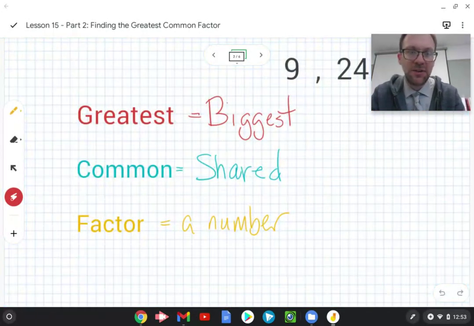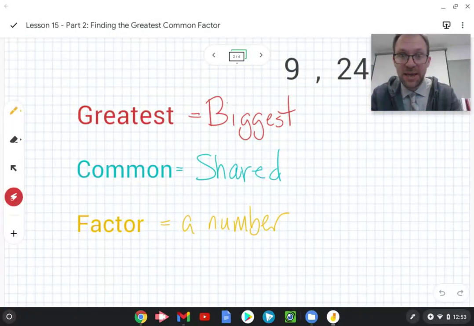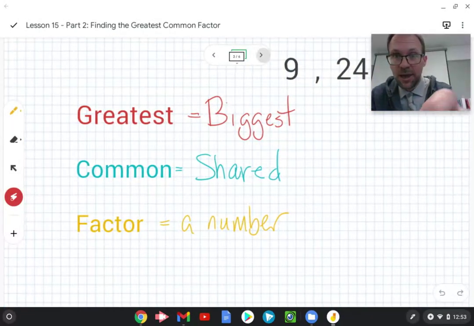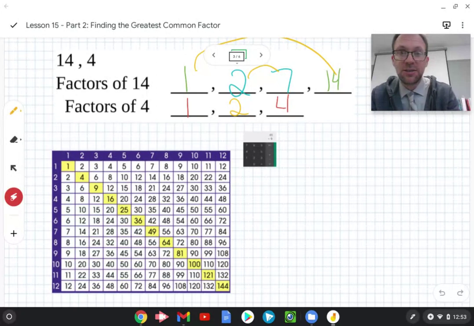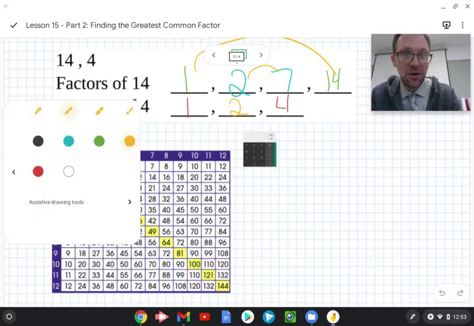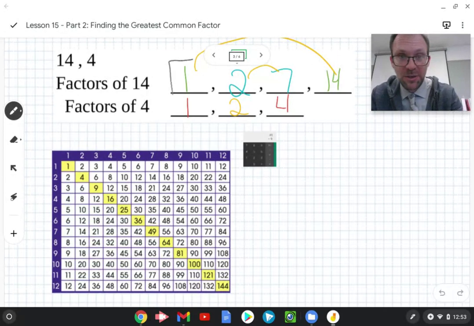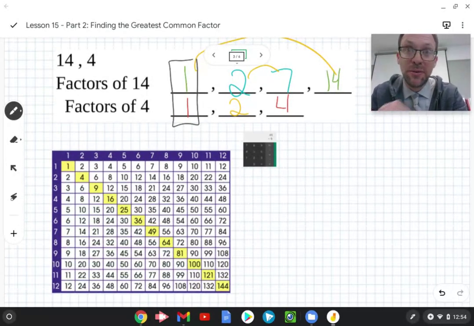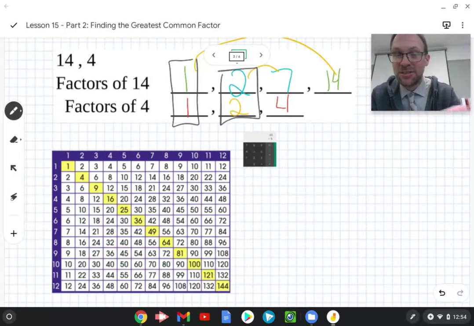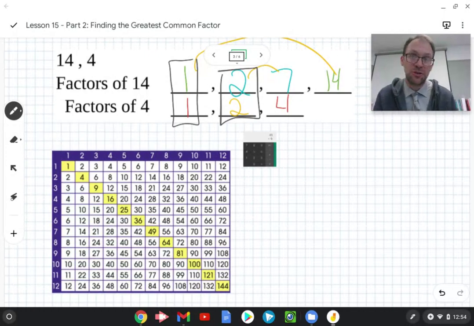If we go back to our definition of greatest common factor, it's the biggest shared number. And the biggest shared factor between 14 and 4, do you see it? Let's circle all the factors that they share. Do they have 1 in common? They certainly do. How about 2? Do they share 2 as a factor? Yes, they do. And I don't see any other shared factors. 7 and 14 are different from 4's factors. So 1 and 2 are the only choices.